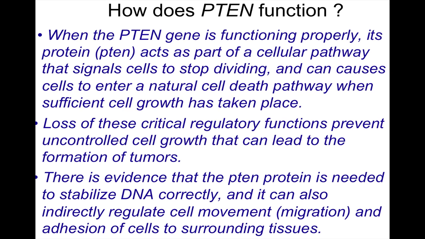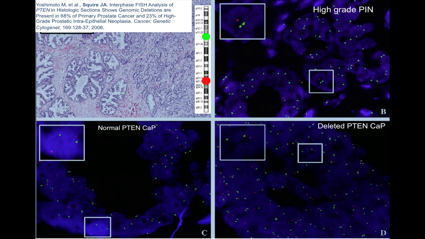There's also evidence that the protein is involved in a number of different functions, such as cell movement, migration and adhesion, and these are properties we know are related to more aggressive behavior, such as metastasis. In addition, the protein has some role in stabilizing DNA, so loss of this essential protein clearly creates an enormous challenge to cells that bear such a loss.